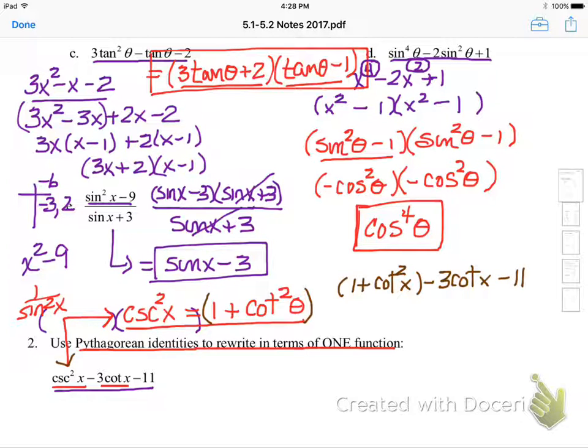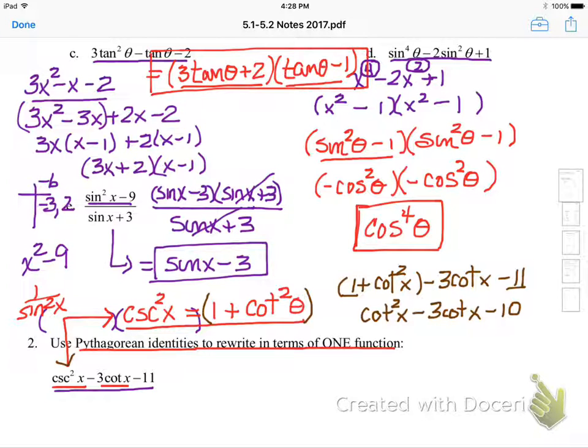So I'm going to clean that up by saying this is going to be cotangent squared x minus 3 cotangent x, and then a positive 1 and a negative 11 will give me a negative 10.